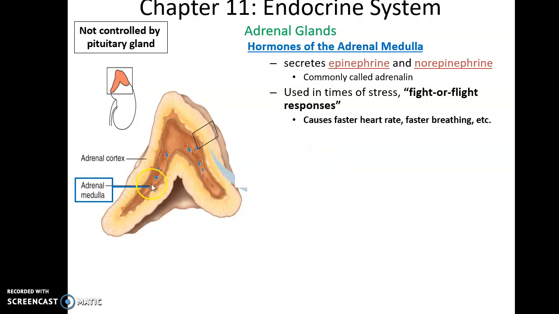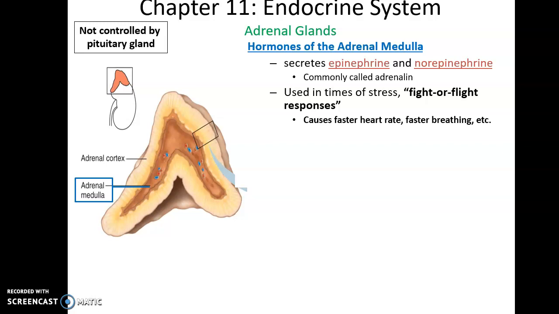The adrenal medulla is the deeper tissue of the adrenal gland, and it secretes the hormones epinephrine and norepinephrine. So two hormones, epinephrine and norepinephrine. These are commonly called adrenaline, and they are released at times of stress, when our body wants to trigger the fight or flight response.